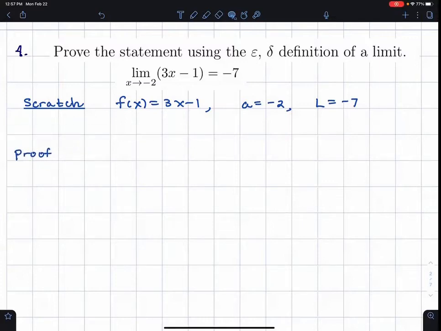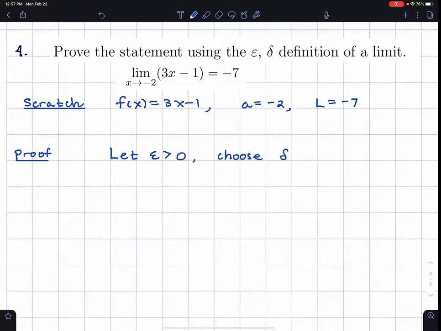So for the proof, I'm going to start off with: let epsilon be greater than 0. Some textbooks say given epsilon greater than 0. Ours uses let epsilon be greater than 0. And then I'm going to choose delta.